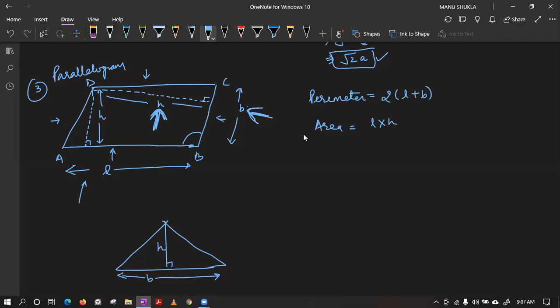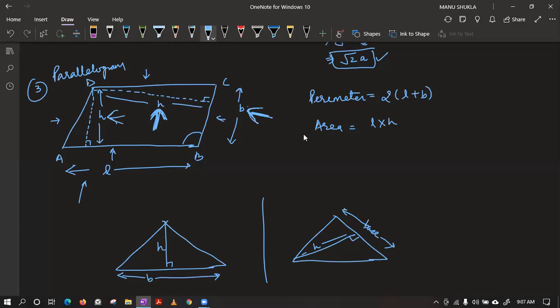You must be remembering the formula half base into height. Similarly, if I draw the perpendicular in this way, then this becomes the base and this becomes the height. I hope you are able to understand that the side on which the perpendicular lies will become the base.